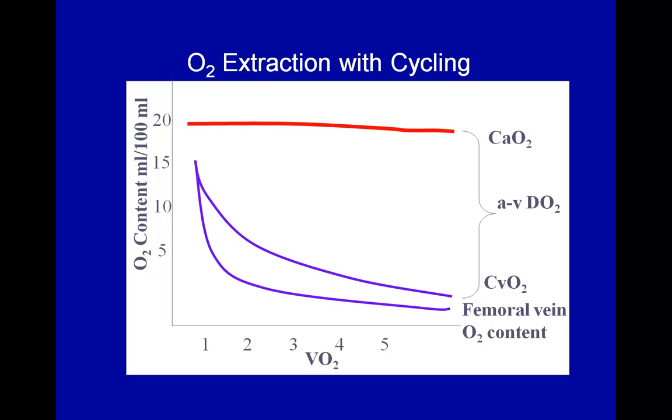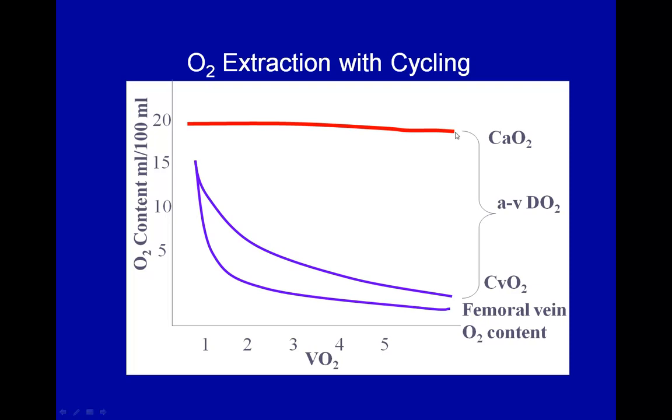One is the mixed venous oxygen and the other is femoral vein content. So notice that we don't really have any change in the red line here that's particularly dramatic. We start with a resting oxygen content of around 20 cc's of oxygen per deciliter of blood. It doesn't dramatically drop with exercise. It goes down just a little bit, and we'll talk about why.